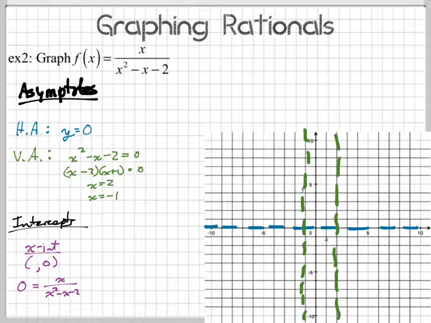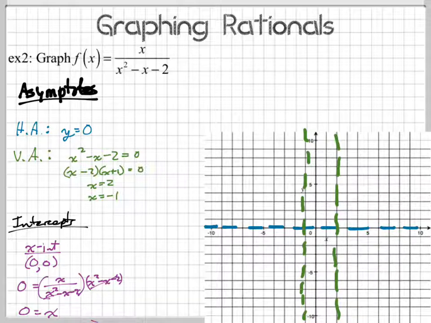This one's kind of cool. Nice, simple, neat, and pretty. My denominator is this nasty trinomial. I multiply both sides by that trinomial so that this cancels out with that. And what's that times 0? Just 0. So I'm left with 0 equals x. So my x-intercept is at 0, 0.